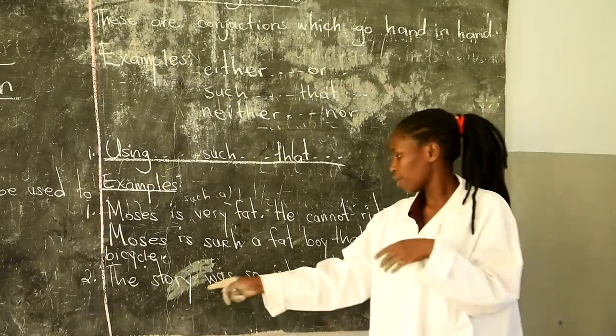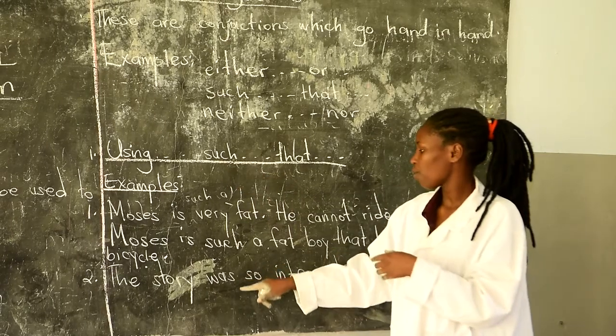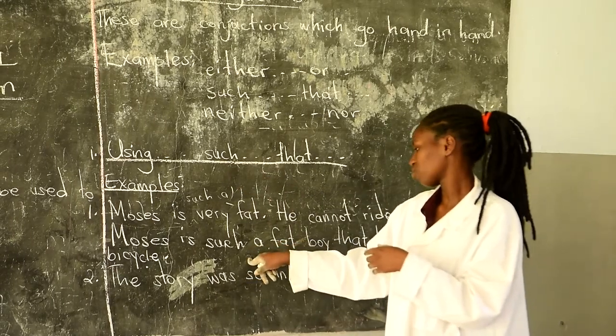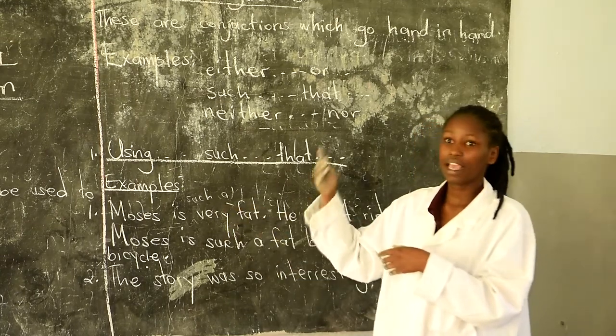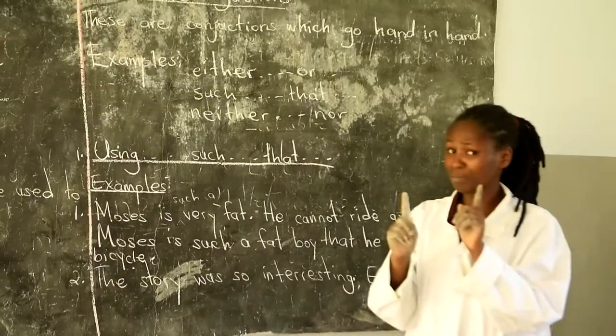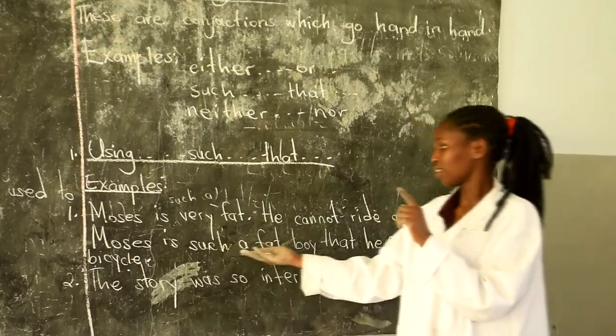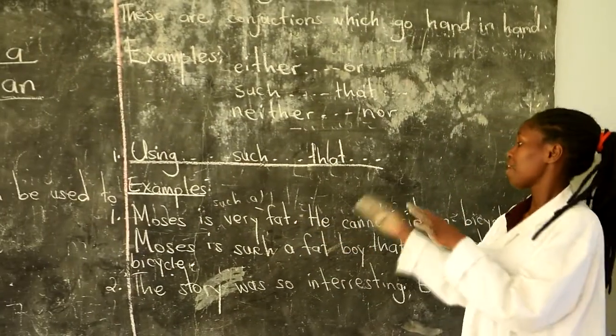The story was such. I said "so" expresses degree. When you're writing your answer, don't include it. Just as you can see in our first example, we did not say Moses is such a very fat.